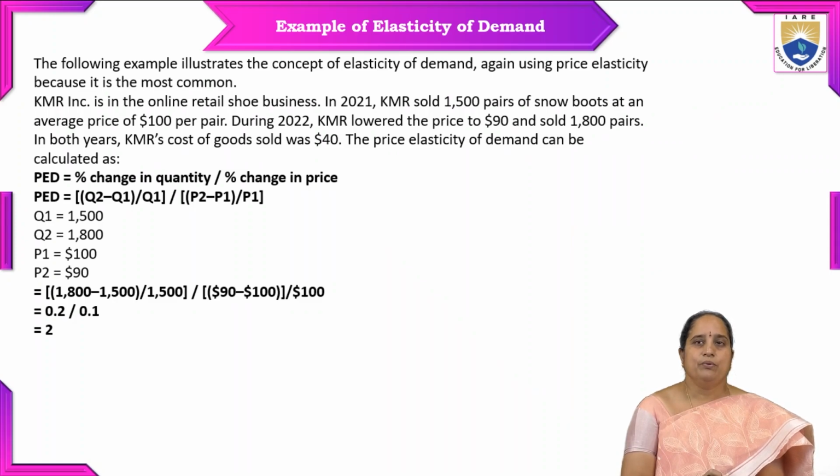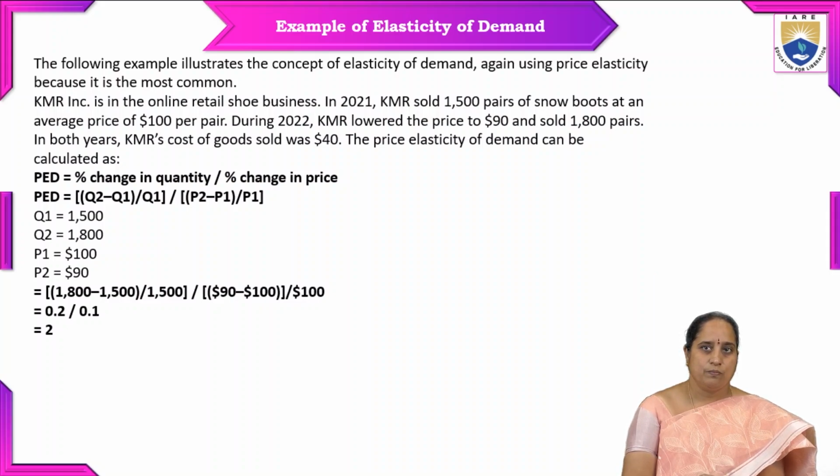Then coming to the example of elasticity of demand. The following concept illustrates elasticity of demand using price elasticity, because it is the most common example, and we can generally go with quantity demanded based on the changes in price only.